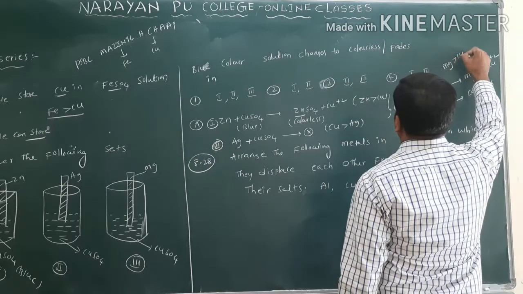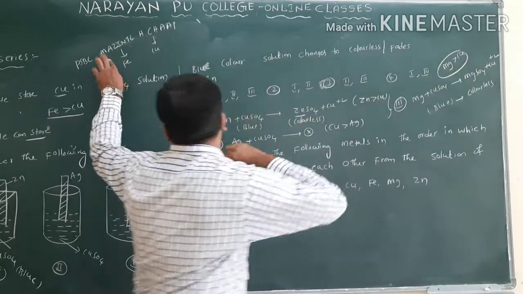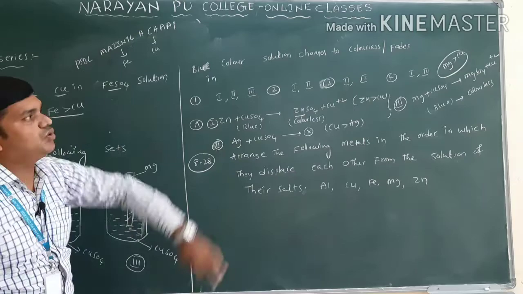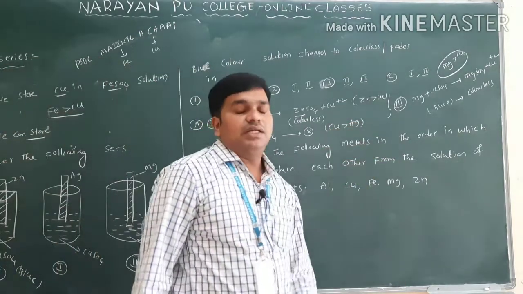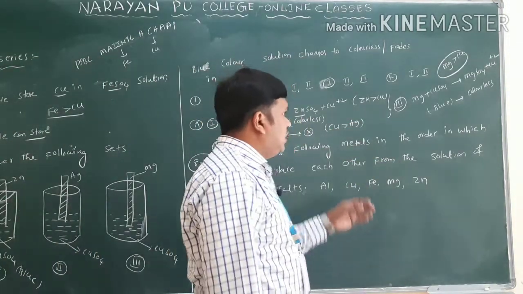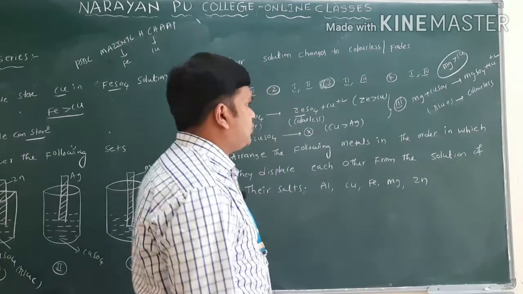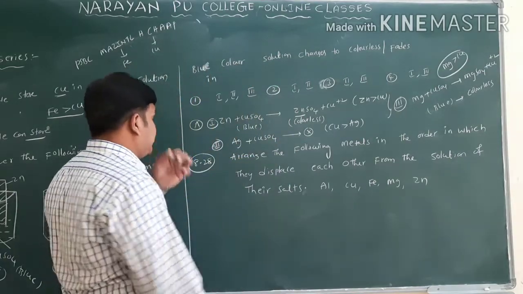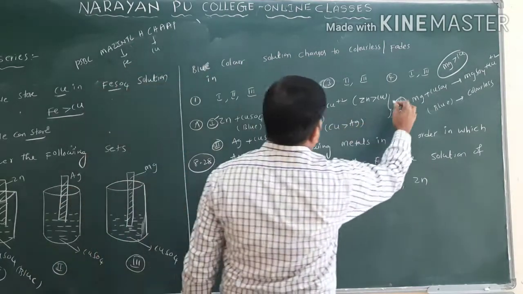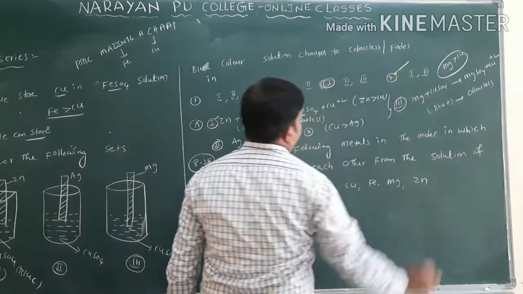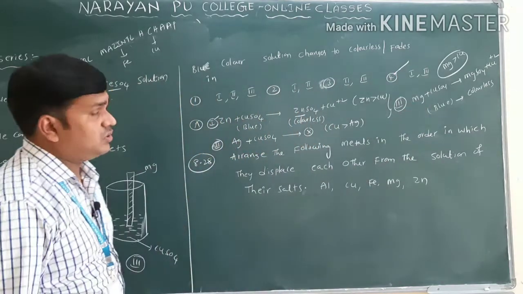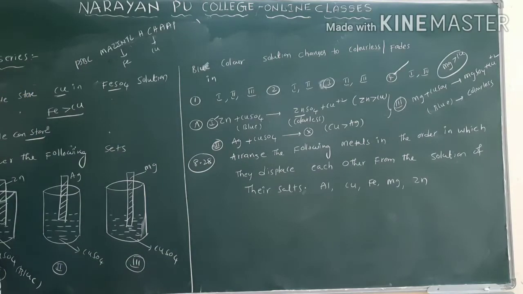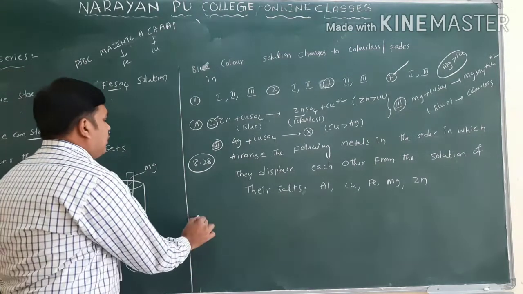Magnesium is more reactive than copper. Here the color of the solution changes to colorless, or you can say fades. Now where does the fading take place? 1 and 3. Option 4 is the right answer for this question. So this question is mainly based on the electrochemical series.